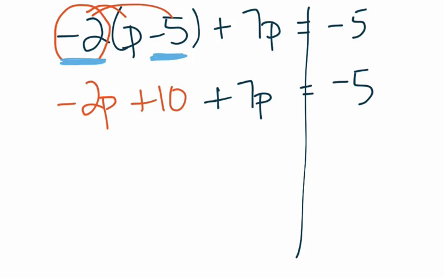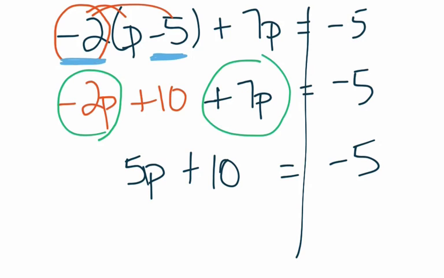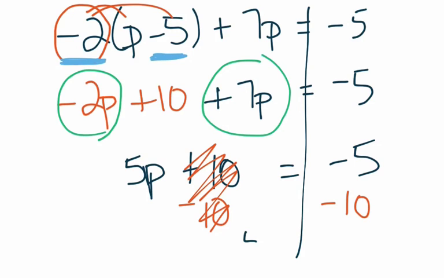So now I'm looking, I have a 7p, and I have a -2p. So -2 plus 7 is 5. 5p plus 10 equals -5. And now it's just a 2-step equation. So I'm going to subtract 10 from both sides. And I get 5p equals -15.